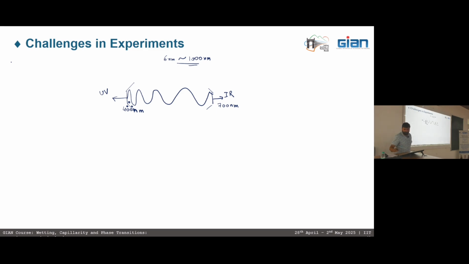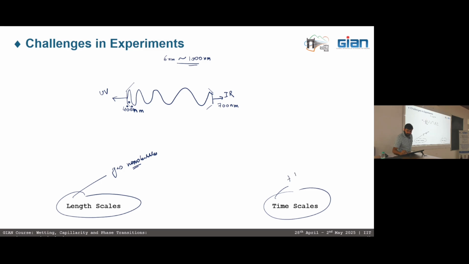So we have two challenges, both length scales and time scales. The length scale is mostly the problem in the case of gas nanobubbles, and time scales, in addition to length scales, are mostly the problem of vapor nanobubbles. Vapor bubbles are both small and very transient.